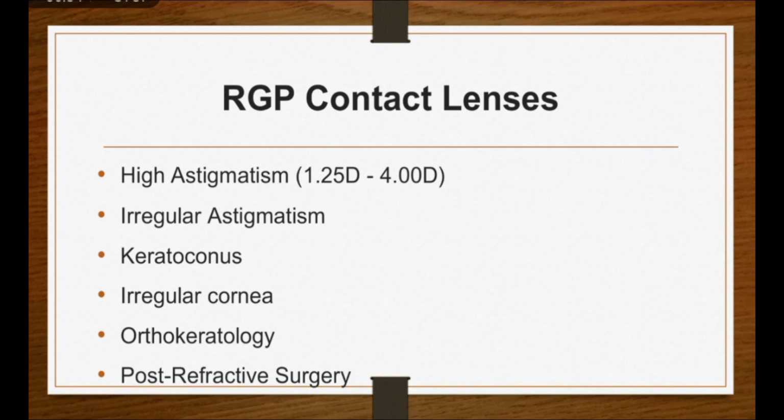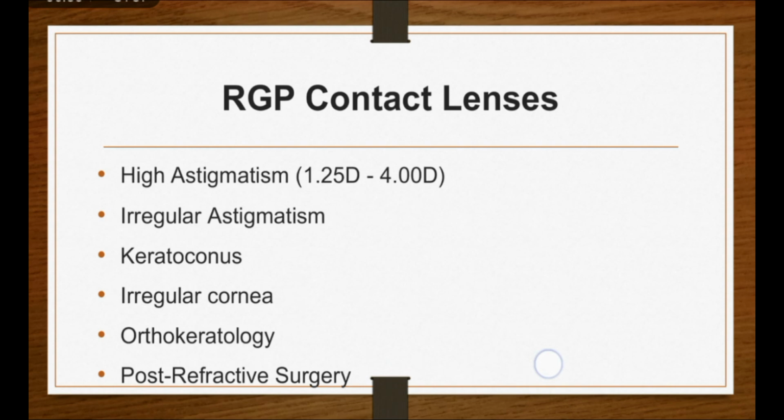If there is any irregularity in the surface of the cornea, we can correct the surface of the cornea with the help of RGP contact lenses. Orthokeratology is also one method to correct the corneal surface, so we will discuss it in some other video about ortho-K lenses.